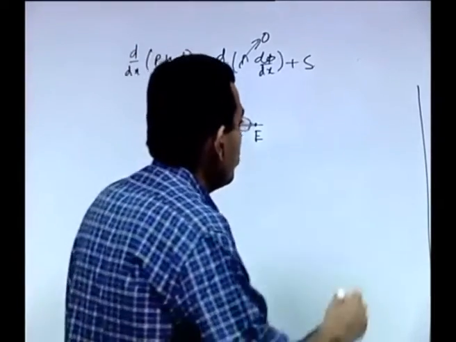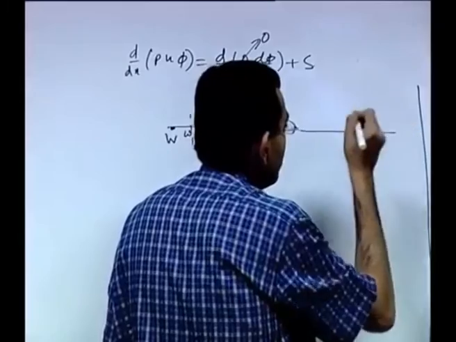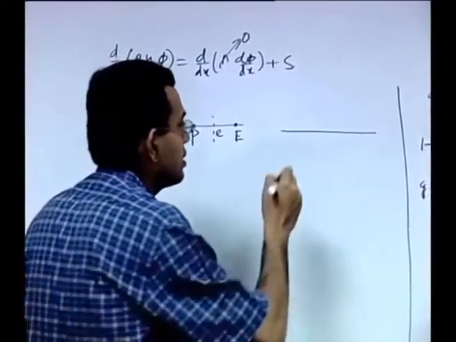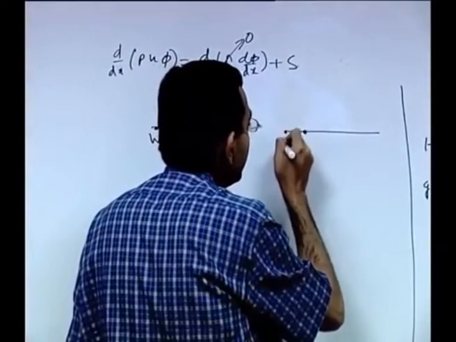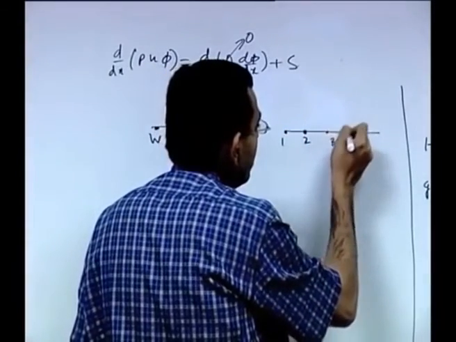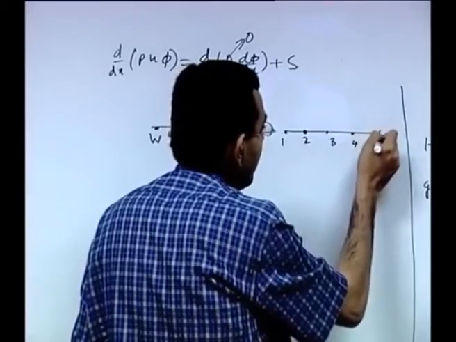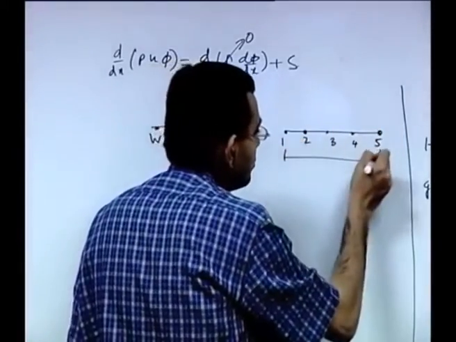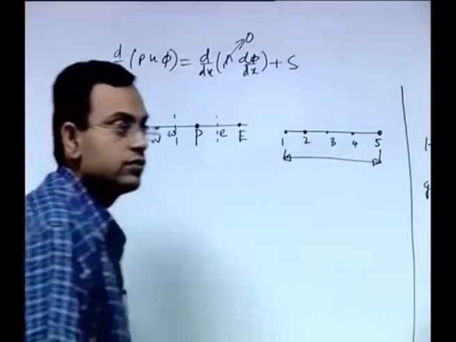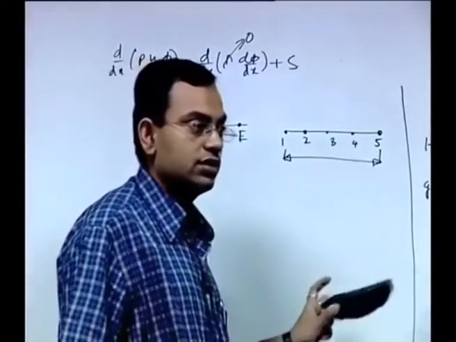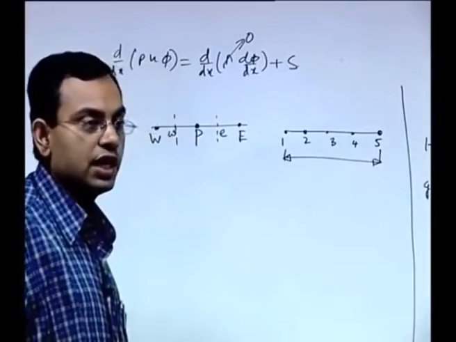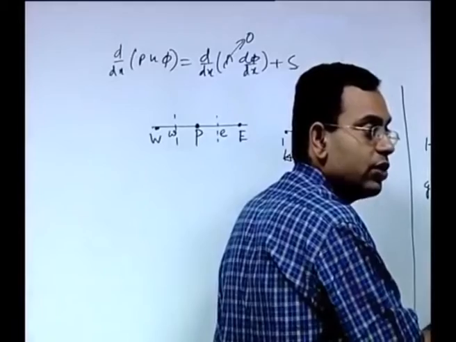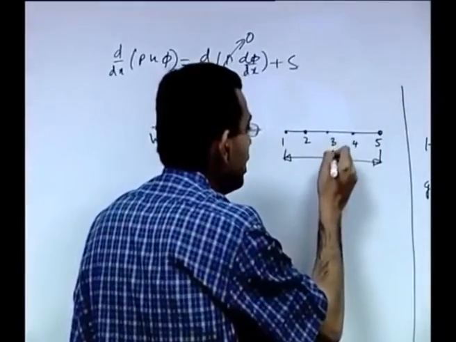So physically what you are doing, you are asked to use 5 grid points. So let us take 5 grid points uniformly spaced 1, 2, 3, 4, 5. What is this total length y? Non-dimensionally 1, because y is x by L. Remember, we are not using x as a coordinate, we are using y as a coordinate. So this total length is 1.